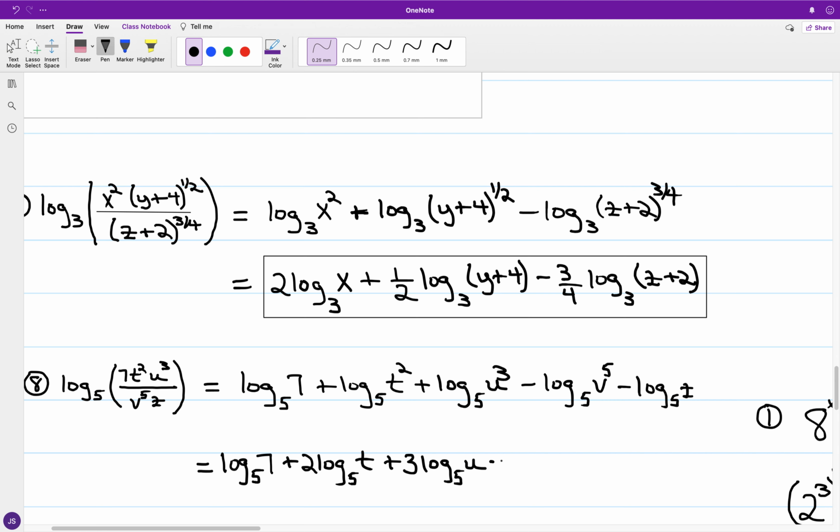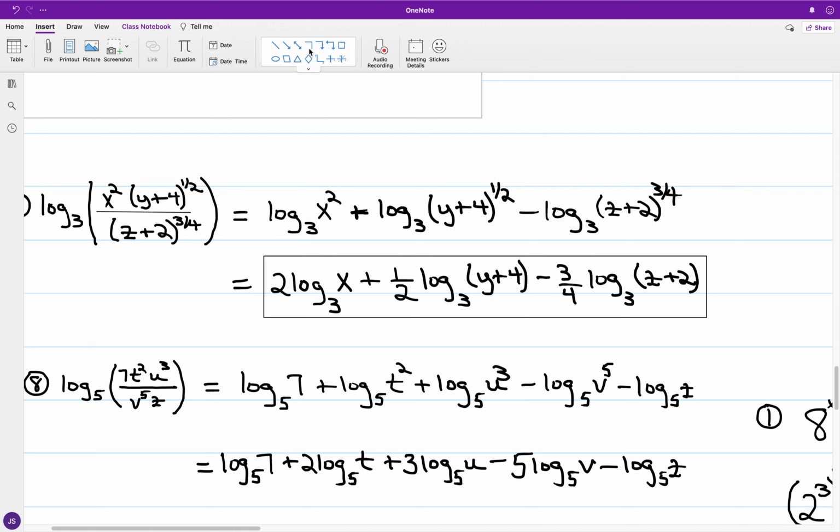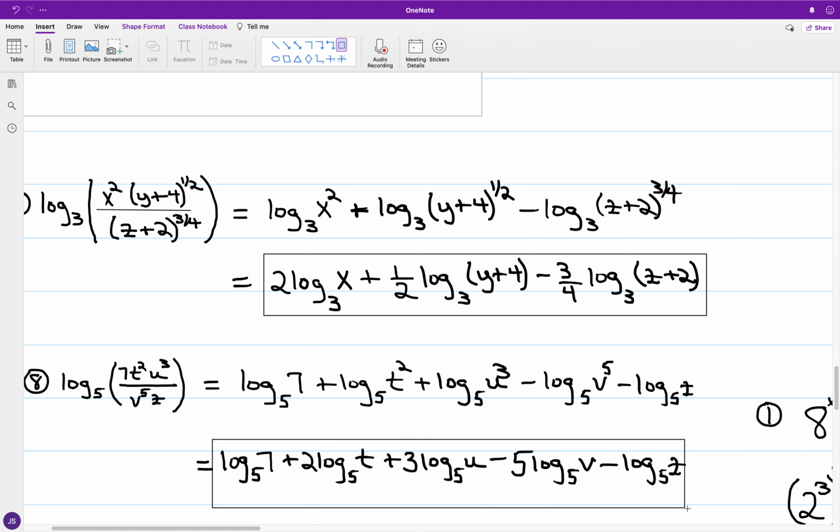Then next, we have minus 5 times the base 5 logarithm of v, and finally minus the base 5 logarithm of z. And in terms of expanded form, it turns out that we will have 5 terms where we have 3 positives and 2 negatives.